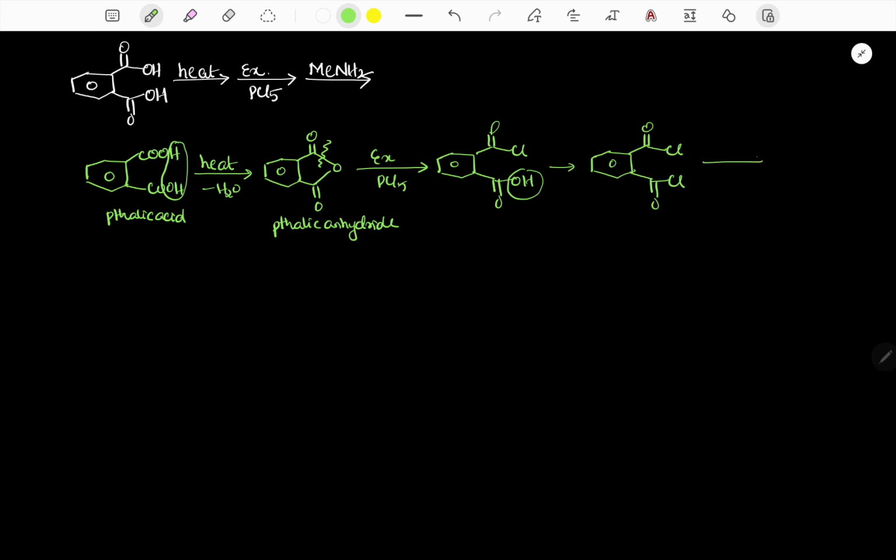Now it is treated with methylamine. N has a lone pair, so N is a nucleophile, and chlorine is a leaving group. So nucleophilic substitution takes place and it gives the corresponding product like this.